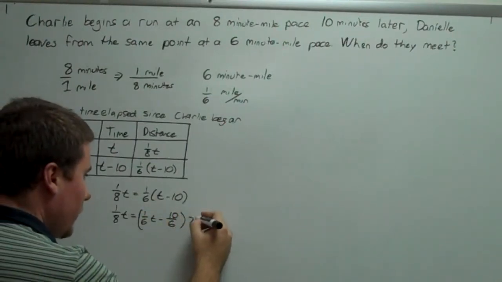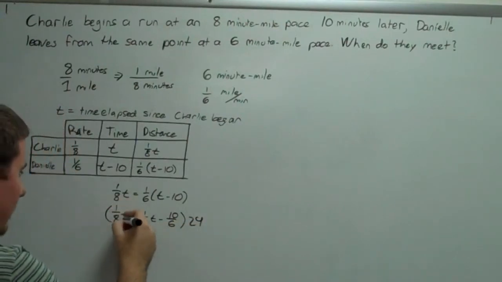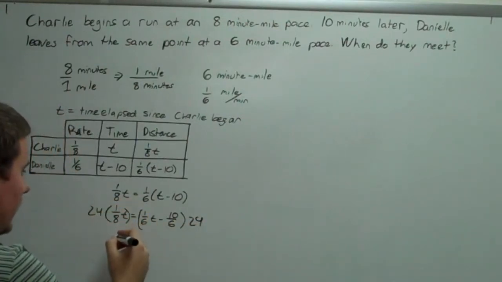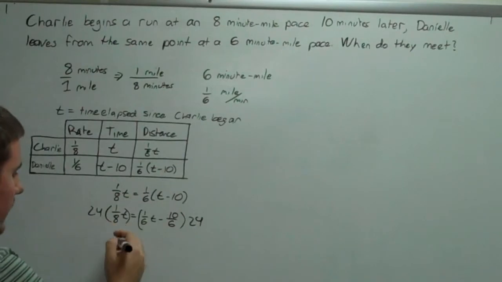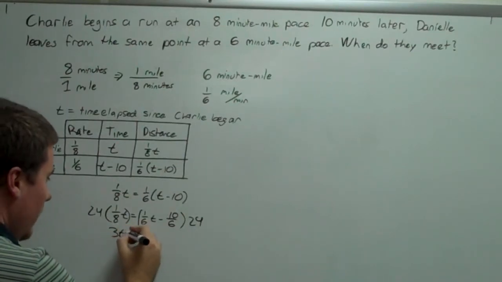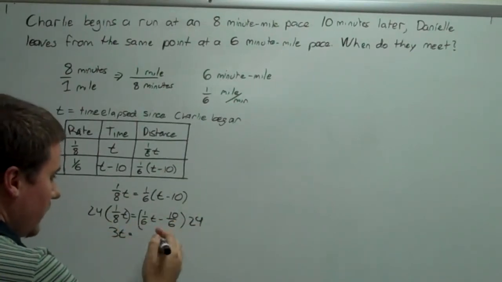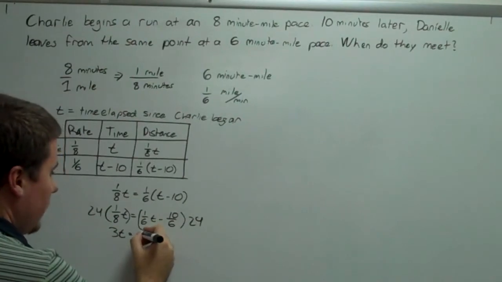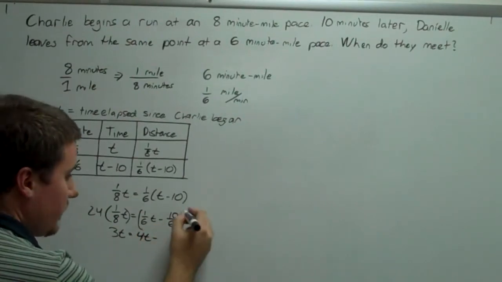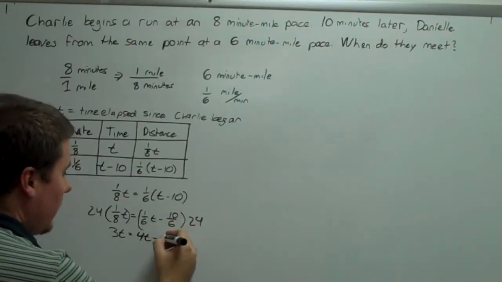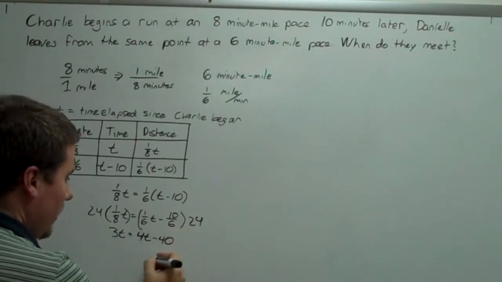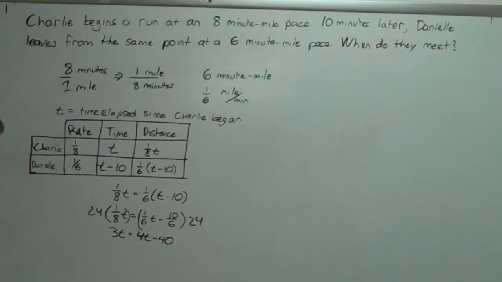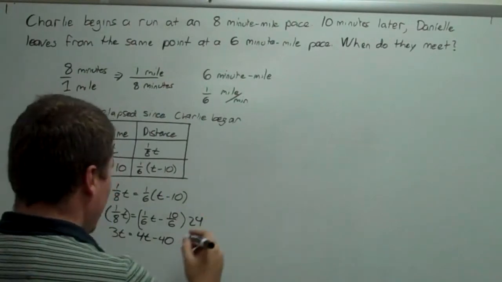So multiplying everything by 24, I'm going to get 24 over 8 is 3, so 3T is equal to 24 over 6, which is 4, so 4T minus 4 times 10, so 40. And it's at this point that I think I'm running out of room, so I'm going to start up here.